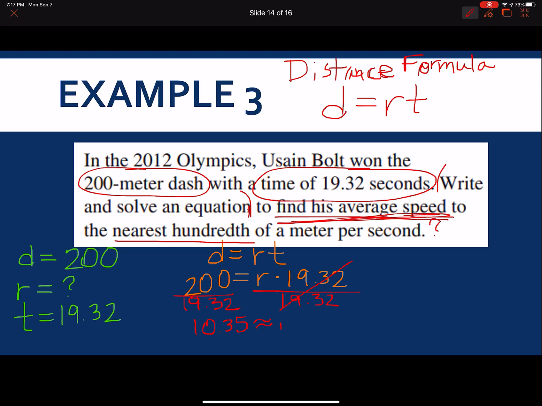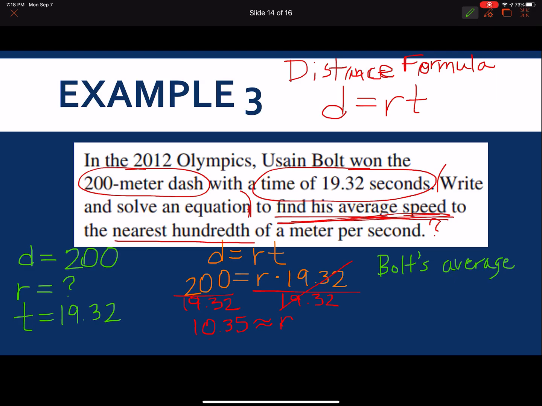So approximately R. So if I wanted to turn this into a statement in order to answer the question in that context, I'm going to say Bolt's average, and I am just simply taking the question or the statement that's telling you what to find and restating it into another sentence.